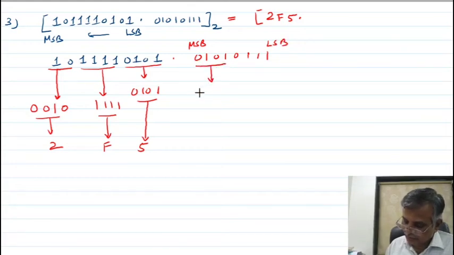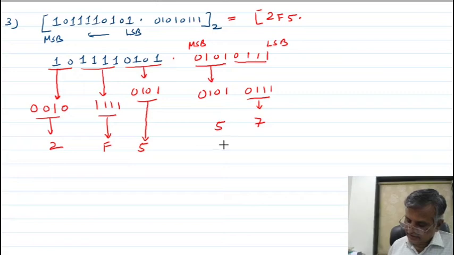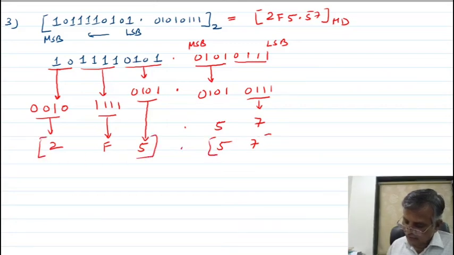I am preparing the group 0101, then the next is 0111. So it is 5 and this is 7. So I can write 0.57. Remember, in this way you can do it. This is for the integer part, this is for the fraction part.